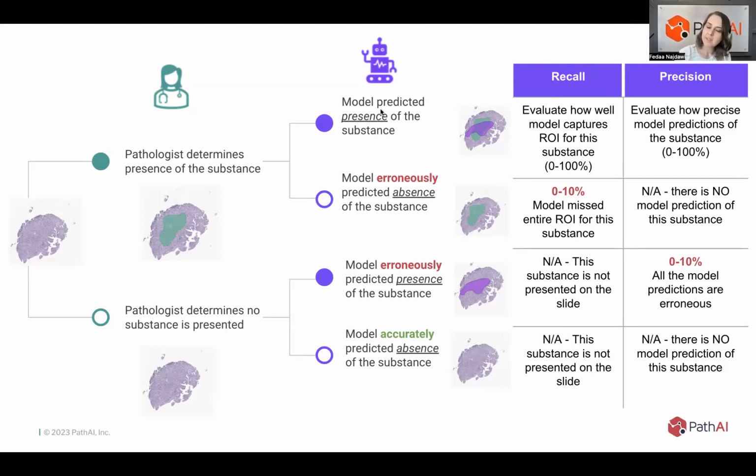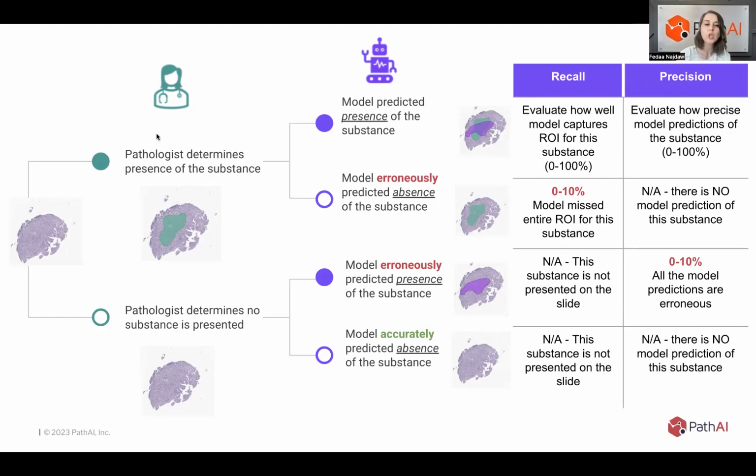If that's the case, and the model did predict a substance that you determine is present, then you can evaluate recall and precision according to the overlap between the two. You would evaluate recall by looking at how well the model captures the area of this substance, and then evaluate precision by looking at how precise the model prediction of that substance is.